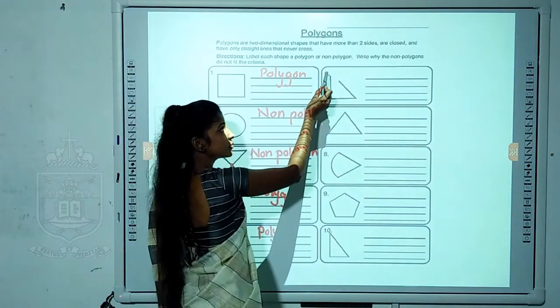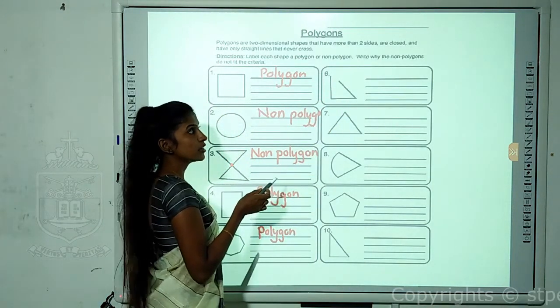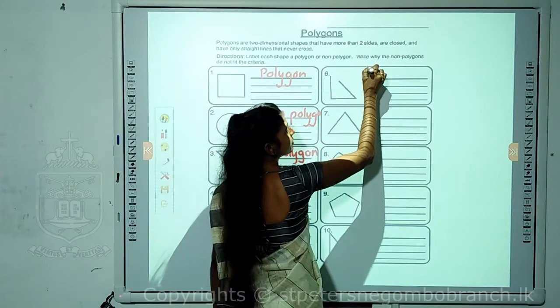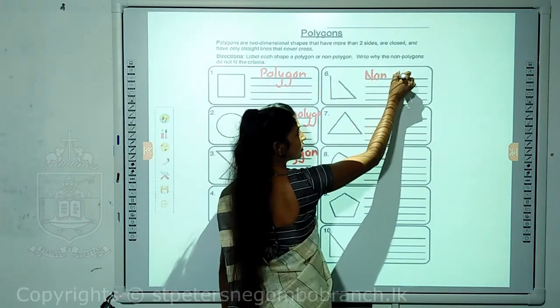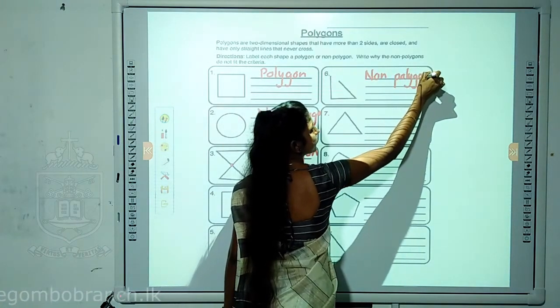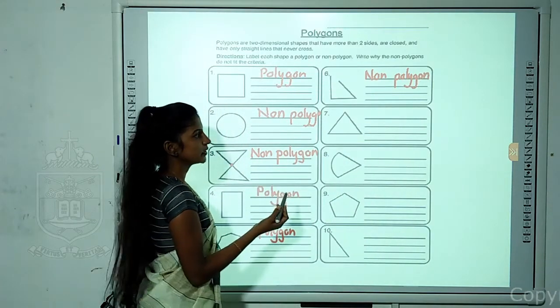No, you all can see there is a small opening here. All the 3 sides are not closed. So, can we consider them as a polygon? No. Again, it will become a non-polygon. You all have to write the reason: it's an open figure.